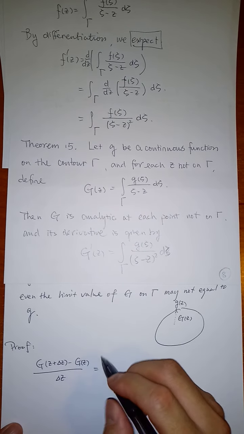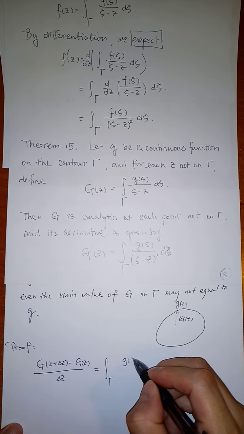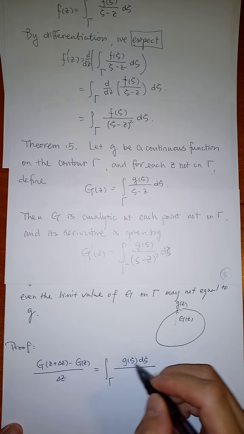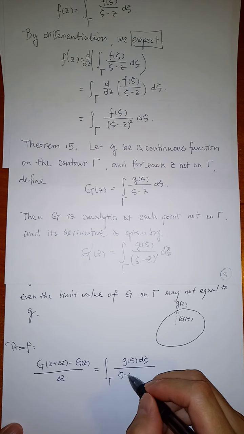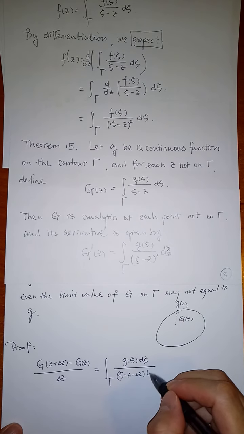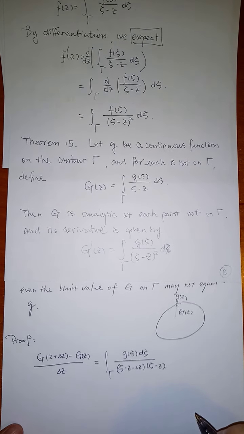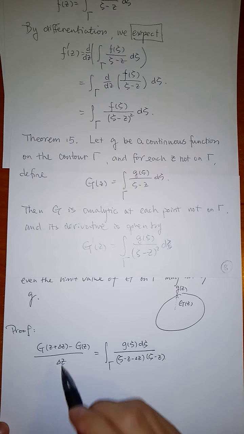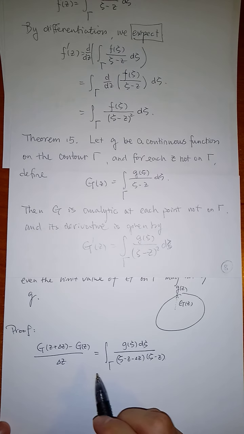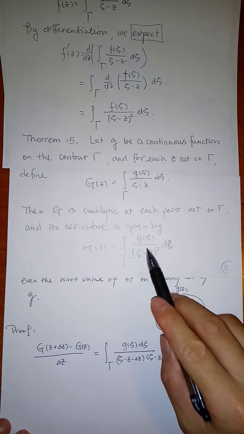This is equal to the integral along gamma of g(psi) d psi over (psi minus z minus delta z) and (psi minus z). Okay, so this is the ratio, and then we want to prove the limit of this is equal to this formula.